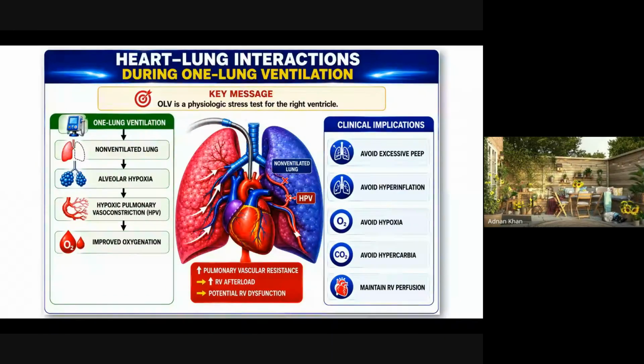But HPV also increases the pulmonary vascular resistance and right ventricular afterload. Also, you can see toward the right side of this slide the clinical implication that excessive PEEP, hyperinflation, hypoxia, and hypercarbia can further increase the right ventricular workload.